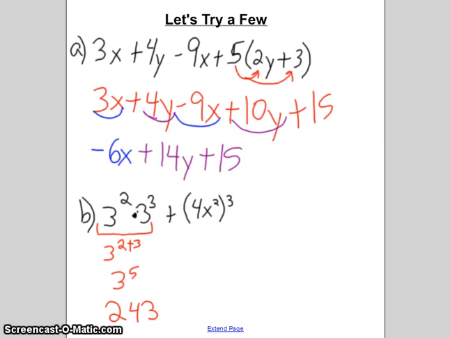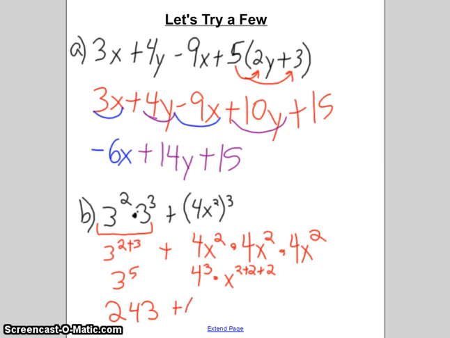Now here when I see the parentheses raised to the 3rd power, that's the same thing as saying 4x squared times 4x squared times 4x squared. So what I'm looking at here is 4 cubed times x to the 2 plus 2 plus 2. Now 4 cubed is 64, x and then x to the 6th. These terms are different, so I would not add them together.